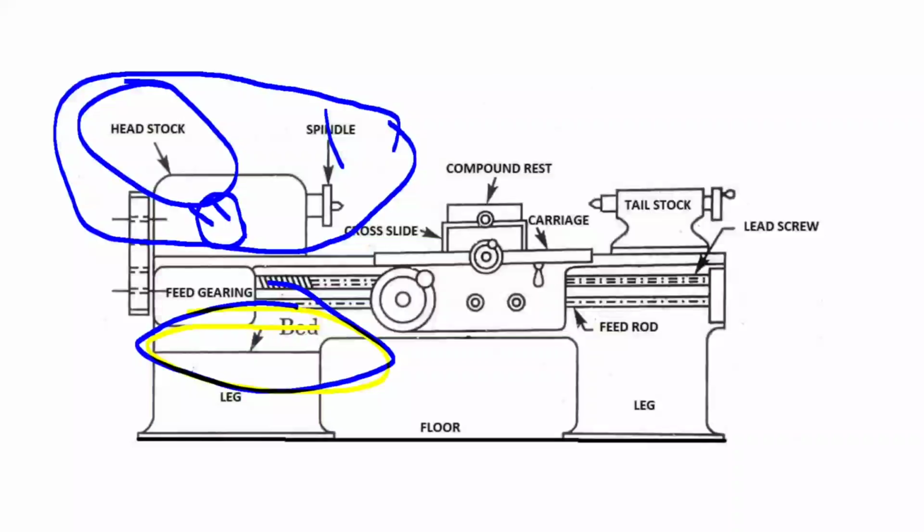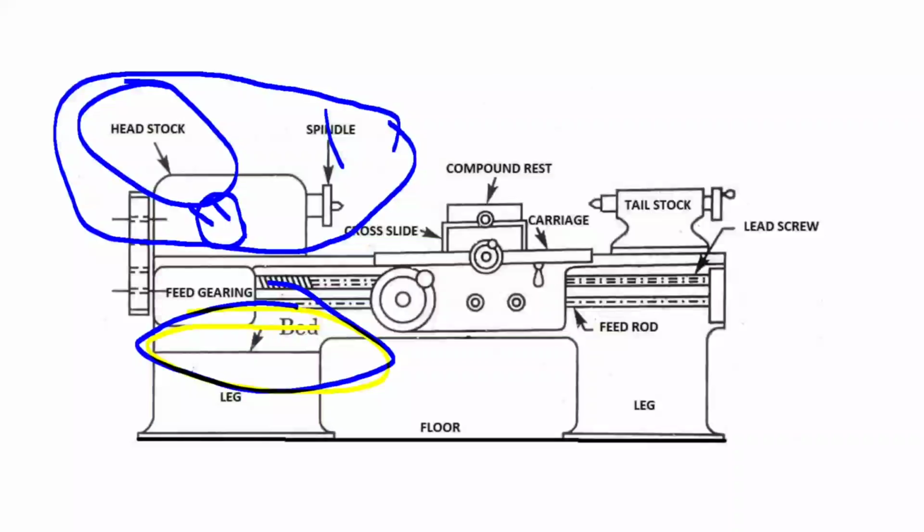For now, not many technical terms are used, and they are not expecting you to give more information about technical things of the headstock. What is shown is the function, and the main parts of the headstock are given.